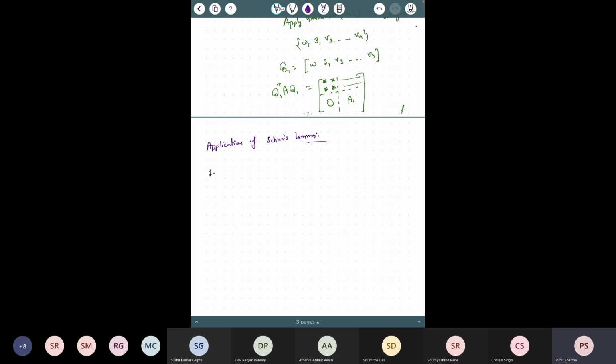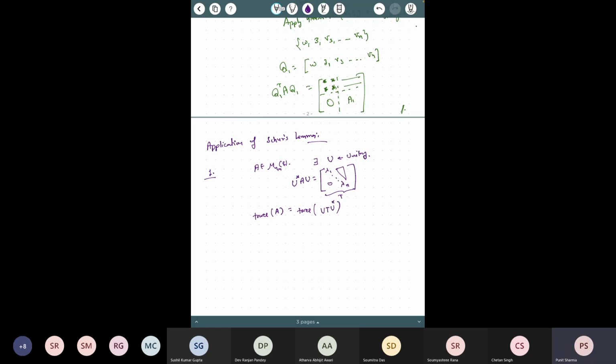The first application: we know that if A is a complex matrix of size n cross n, then by Schur's lemma there exists a unitary U such that U star A U is upper triangular, where lambda 1 to lambda n are the eigenvalues of A. So clearly, if I call this T, trace of A is the same as trace of U T U star.